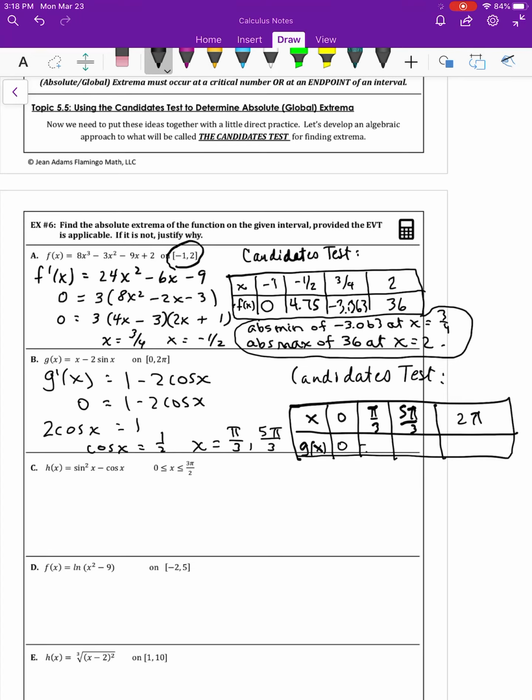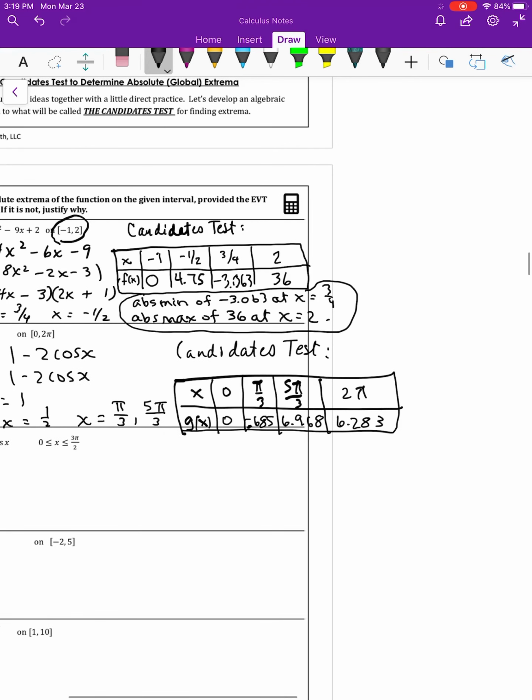If we put pi over 3 in, go ahead and put it in your calculator, it's going to give us negative 0.685. Put g of x in your calculator so you can get these values. 5 pi over 3 is going to give us 6.968. And at 2 pi, 6.283.